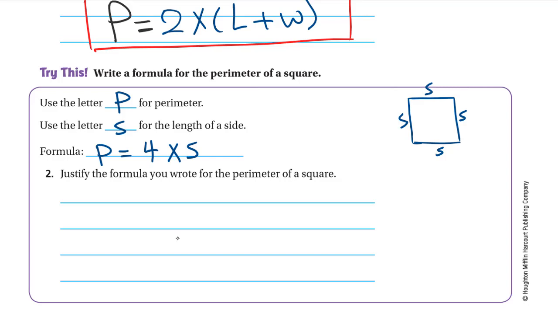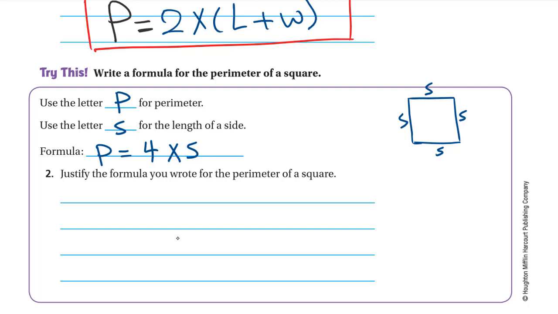And here it says, justify the formula you wrote for the perimeter of a square. So here what we did, instead of adding the side length 4 times, we multiply the side length by 4.